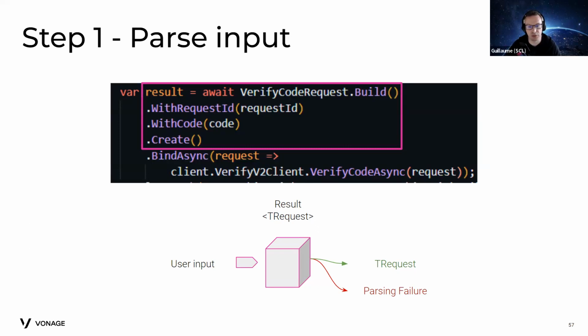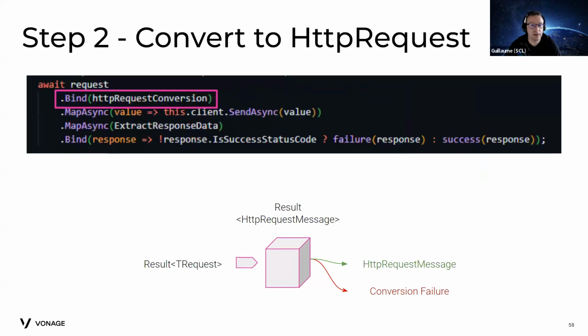I get a Result of T request, in that case a verify code request. And it can be of two states, request itself or failure, as we saw before. Then I convert it to an HTTP request. Here I don't show the entire method. It's a bit boring, but it's just converting the request object to an HTTP request message and adding authentication and the user agent. That's it.